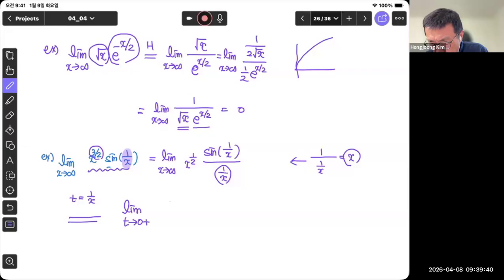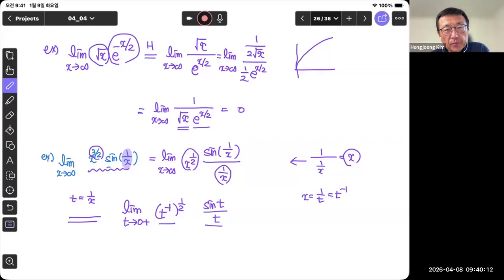And if t is the reciprocal of x, then x is 1 over t, or t to the negative 1. So x to the 1 half will be t to the negative 1 to the 1/2 power, and I have sine t over t. The limit of these two products. Now at this point, as t goes to 0, what is the limit of this?